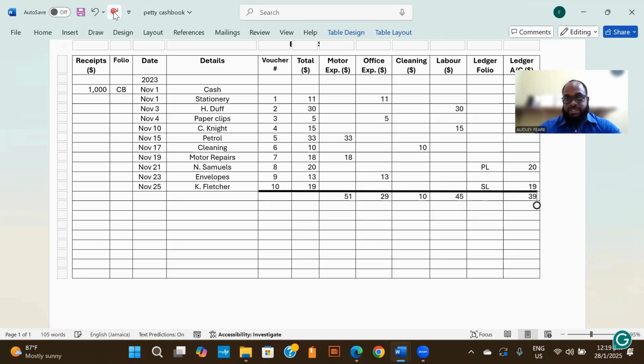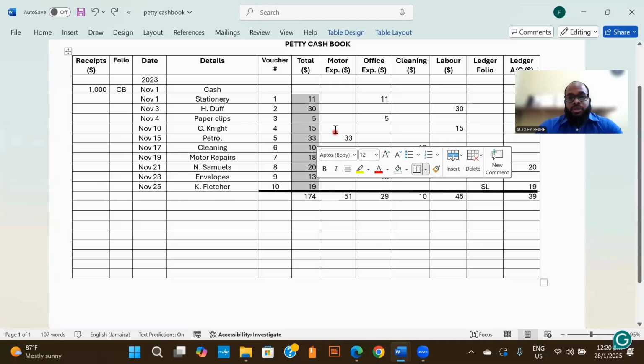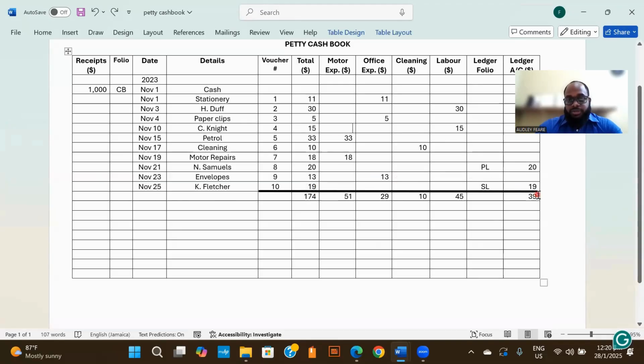Sorry, and for ledger account, it is 39. The total from 11 here to 19 is 174. All right, so you can do the calculation as well. Similarly, the total here from 51 to 39 is in fact 174 as well. So the totals there and here would equate to the same 174.